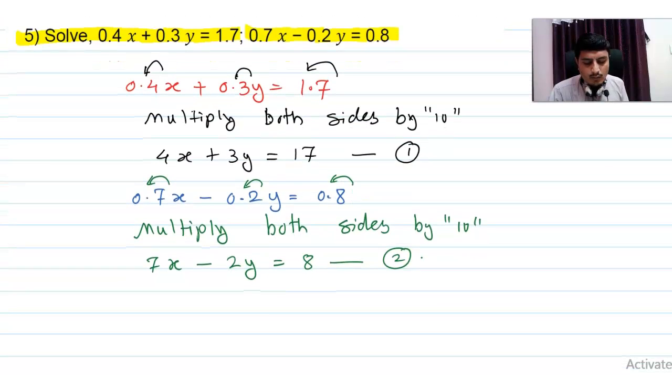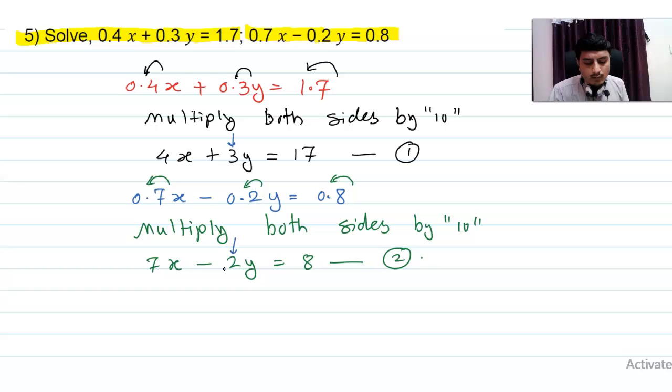Now let's have a look at the coefficients of variable y. In equation 1 we have 3, in equation 2 we have minus 2. Since they have unlike signs, we decided to eliminate the y variable here.